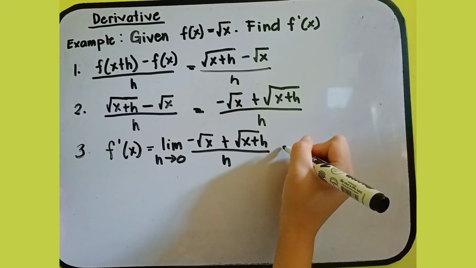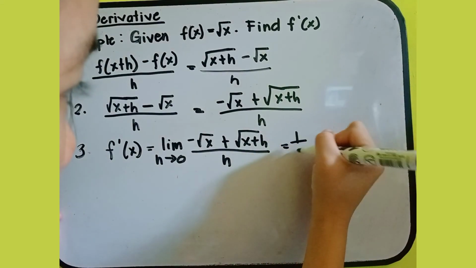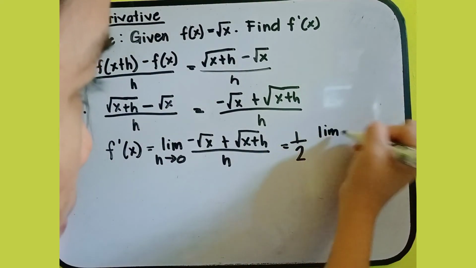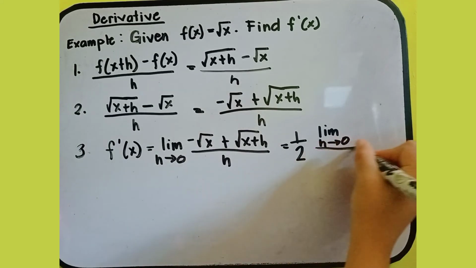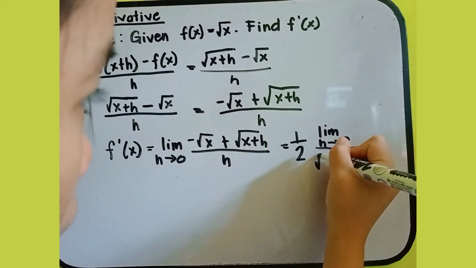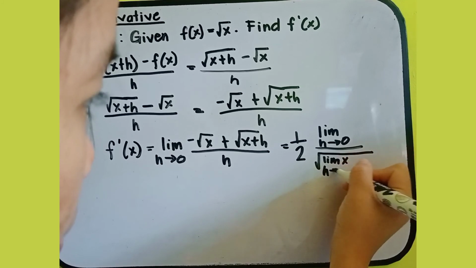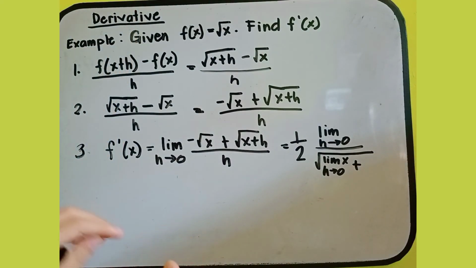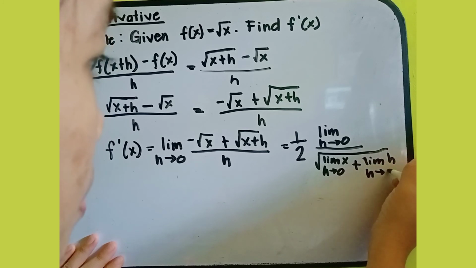Now we have one half, limit as h approaches 0, over the square root of the limit of x as h approaches 0, plus the limit of h as h approaches 0.